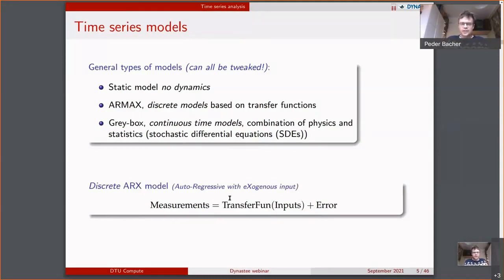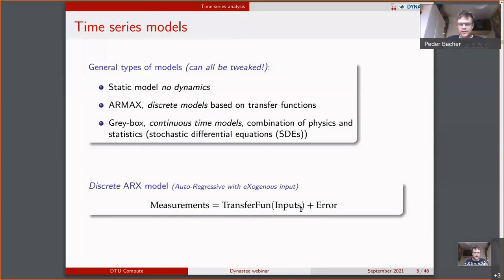If we then go to the next type of model, the next one would be an ARX model, an autoregressive with exogenous input model. The difference to the linear regression model or the static model would be that instead of just a function of the inputs, we would have what we call a transfer function. We'll look at how such a one works later. And then the next step is to actually say, okay, there's an error in this model, but it's just instantaneous in time.